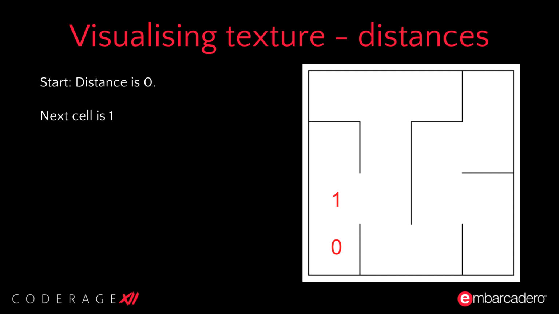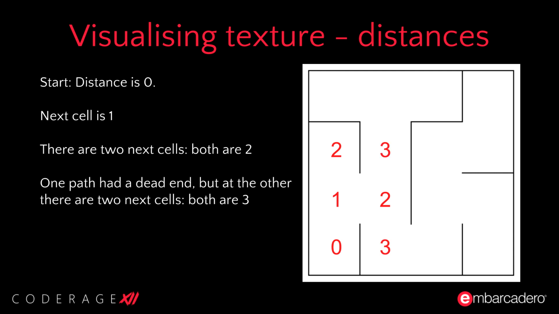Now this cell has two neighbors, one above it and one to the right, and both have a distance of 2. Now that path ended, it terminated in a dead end, but there is one path still remaining, and this path has 2 neighbors to the cell. Both of those have a value of 3.